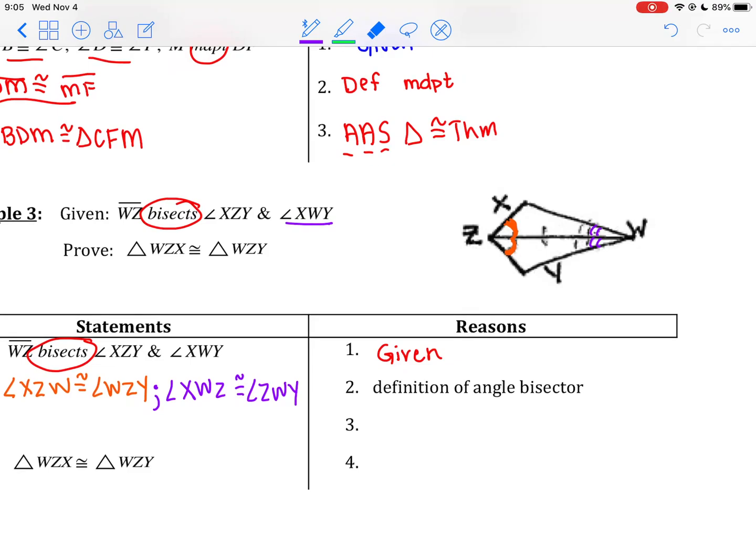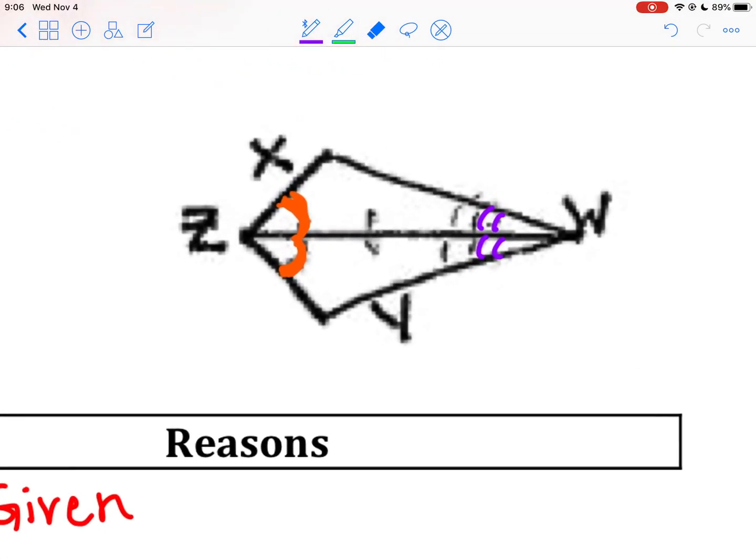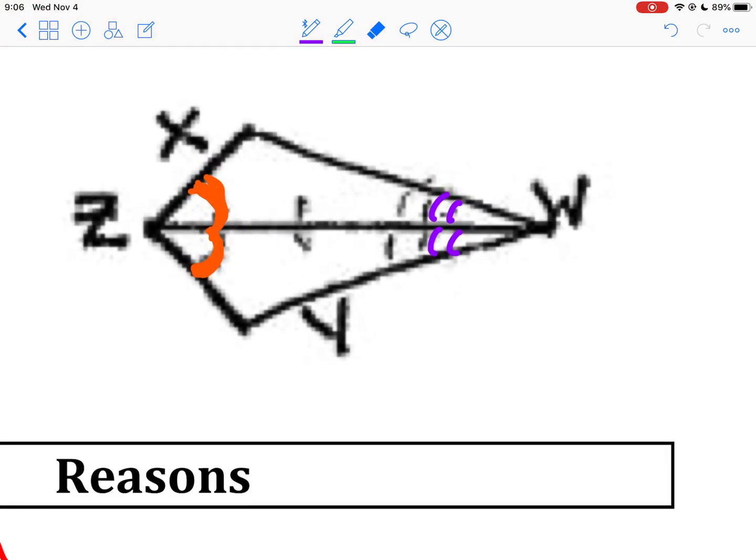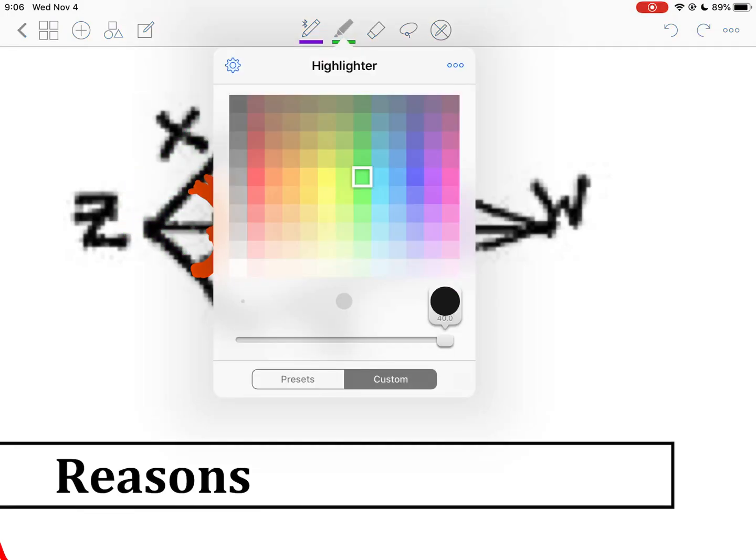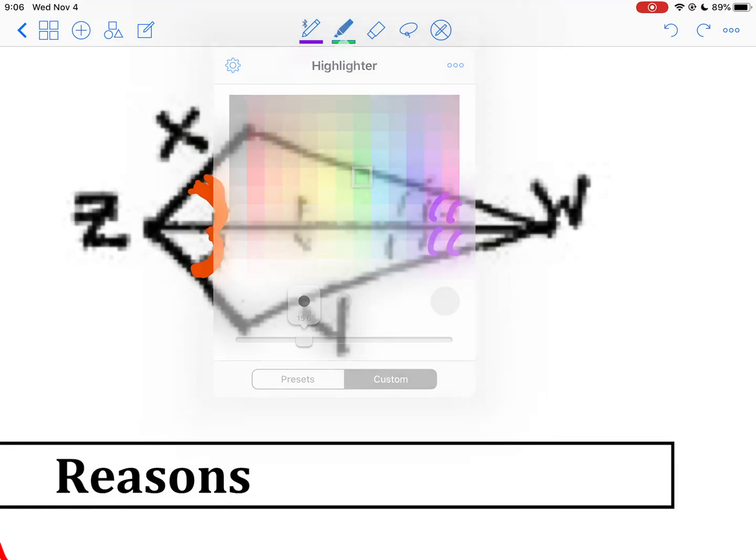So now I have two angles that are congruent, and I need to come up with a side congruent statement, but I don't have any more to use from my givens. So since I ran out of information from my givens, I'm going to go to my diagram. So if I look at my diagram and I'm thinking about these two triangles, let me bring this down a little bit.